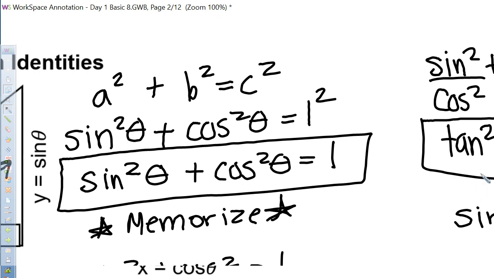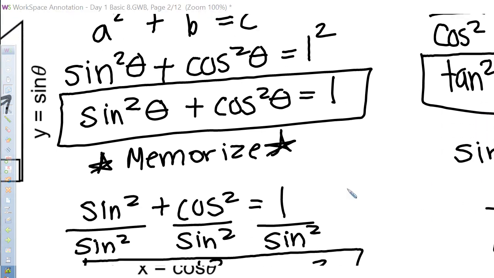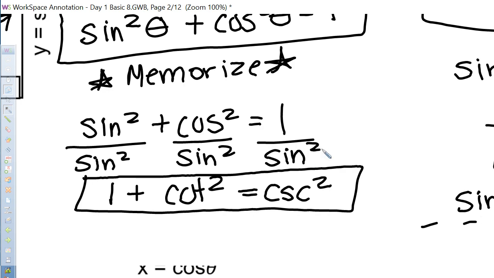So there's another version. And we'll have one final one. Sine squared plus cosine squared equals 1. On the last one we got sine squared by itself. Let's get cosine squared by itself. So in order to get cosine squared by itself, what would we have to do? Subtract sine squared to both sides.